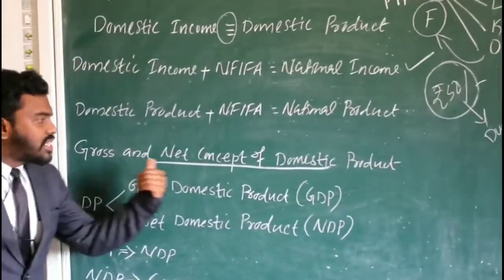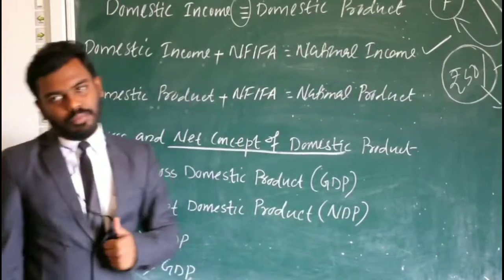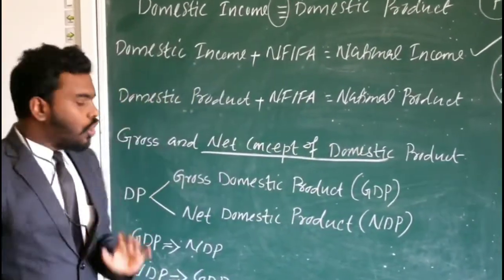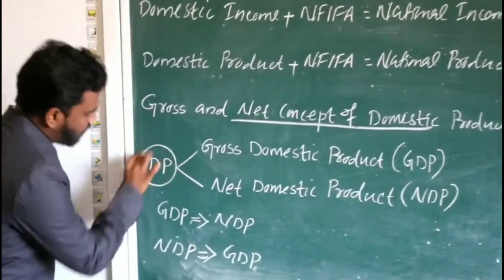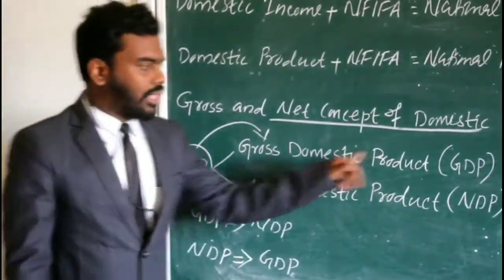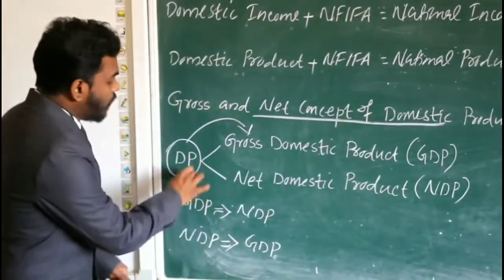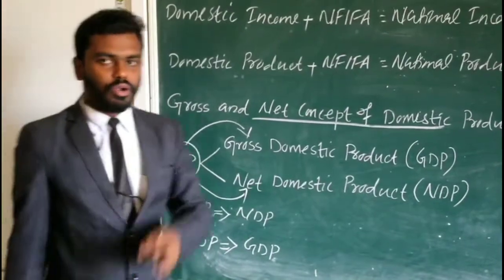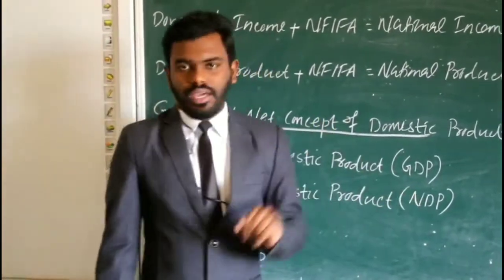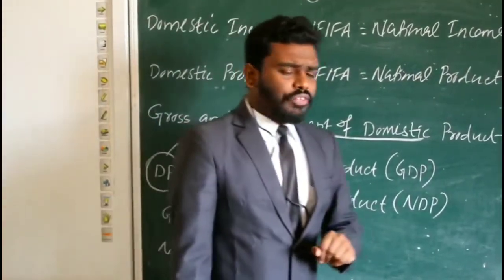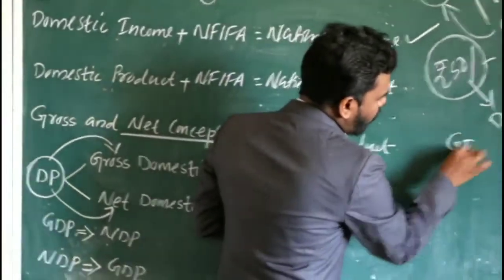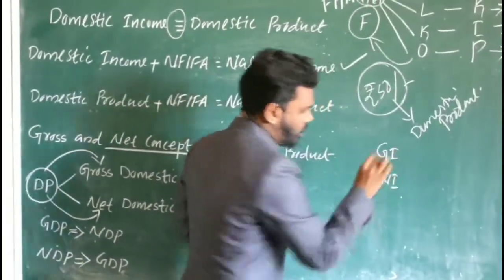Coming to our next topic, that is the gross and net concept of domestic product. Domestic product is calculated as gross domestic product, that is GDP, and net domestic product, NDP. In the previous lesson we studied gross investment and net investment.